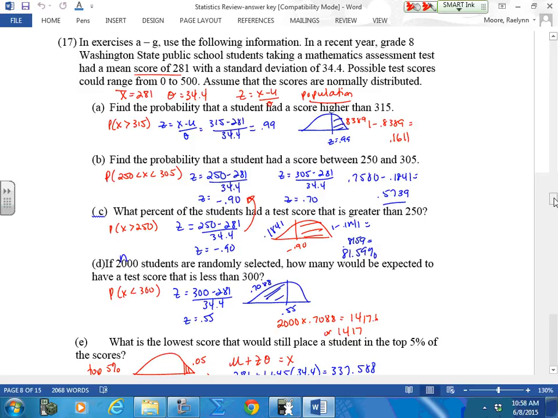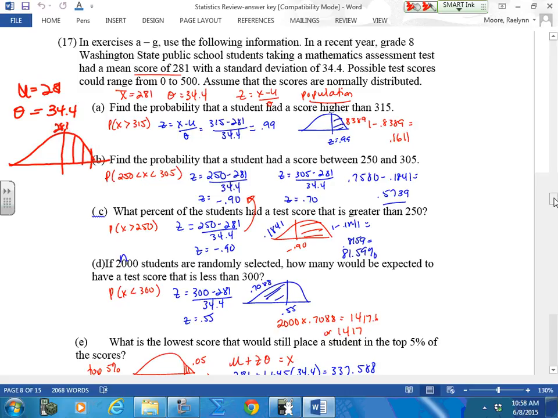This is the population of all Washington State schools. They had a mean of 281 and a standard deviation of 34.4. Now, if we made a sketch of this, here's my 281. Even if I add 34, just get an approximate one.